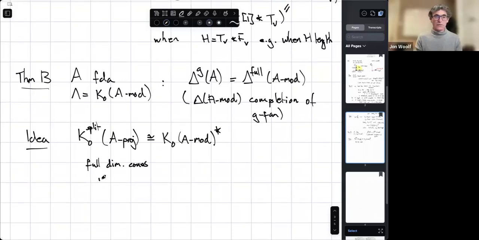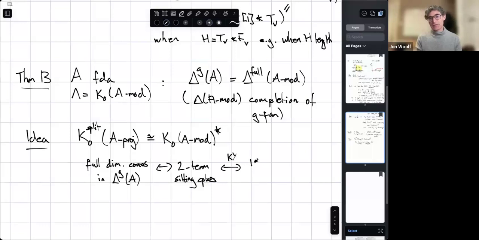So full dimensional cones in this G-fan basically by definition correspond to two-term silting complexes. By the Koenig-Yang correspondence, those correspond to intermediate hearts which are length, and then intermediate hearts which are length.